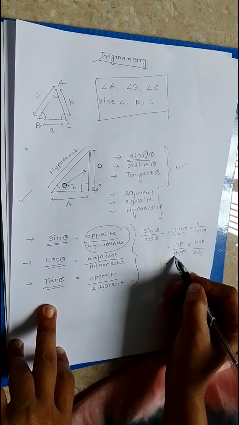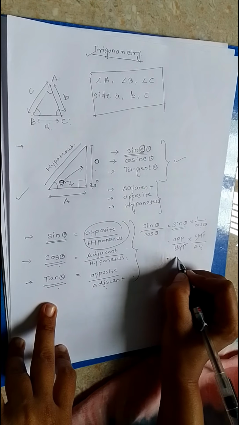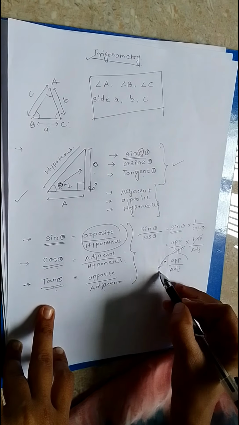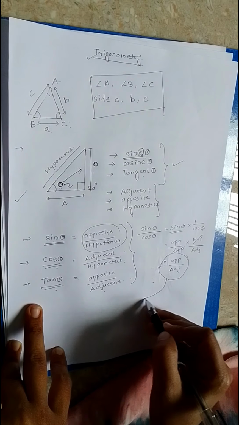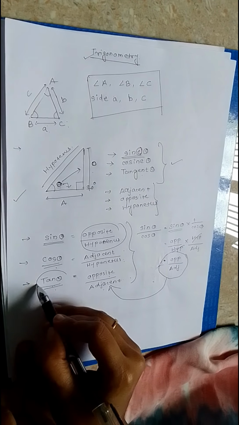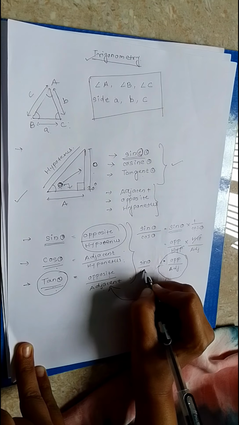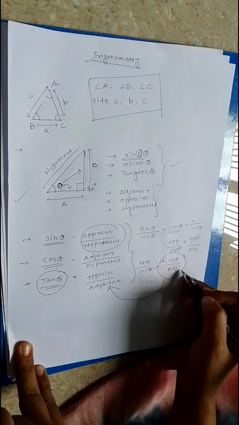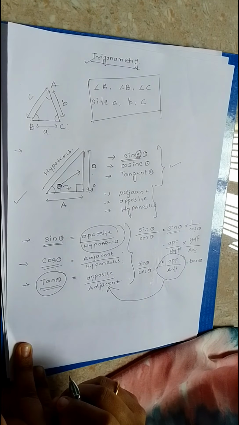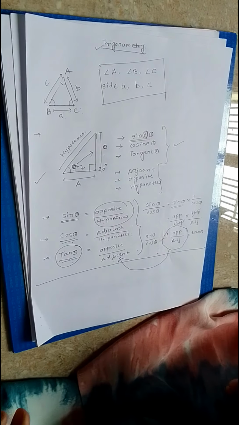Now I can cancel the hypotenuse in the denominator with the hypotenuse in the numerator. What will remain? Opposite upon adjacent. Isn't it familiar to us? Yes, this is opposite upon adjacent, which is nothing but the tan function. So sine theta upon cos theta, which is equal to opposite upon adjacent, is known as tan theta.